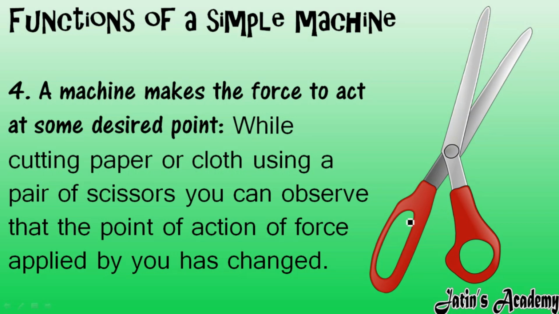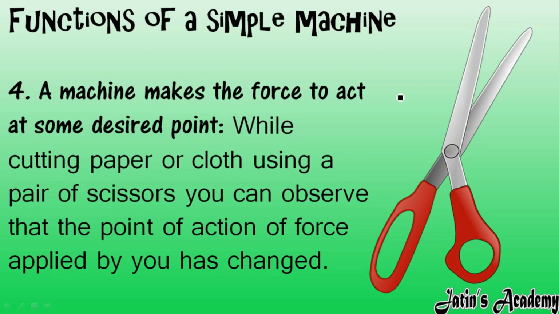So with the help of a machine, you can make the force act at some desired point. We apply force here on the handles, but the cutting of the paper is done with the help of the long arms. With the help of a simple machine we are just changing the point where the force acts.